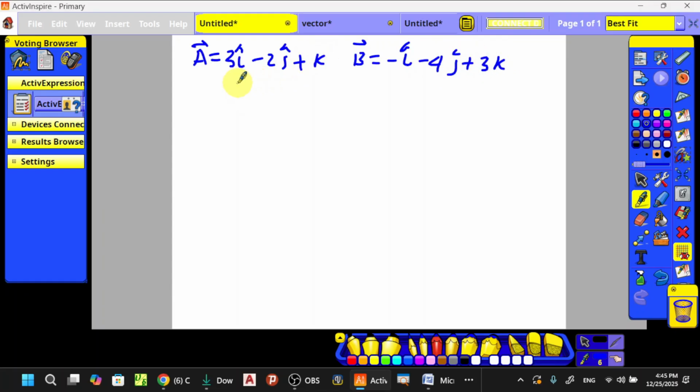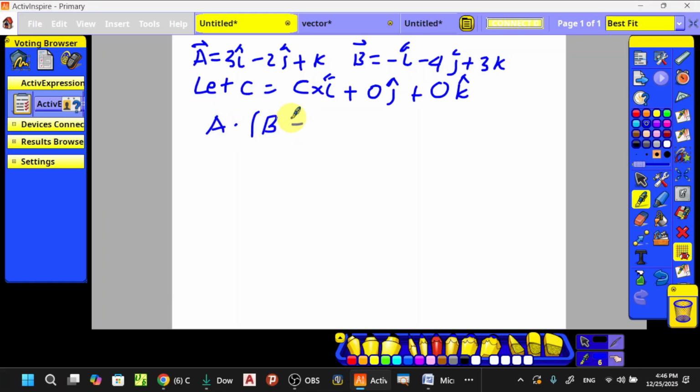Okay, and c is along the x-axis, so let c be equal to cx in the i plus 0 in the j plus 0 in the k. This is how you do it. Then the other thing you are given is a dot (b plus c) is equal to 0.